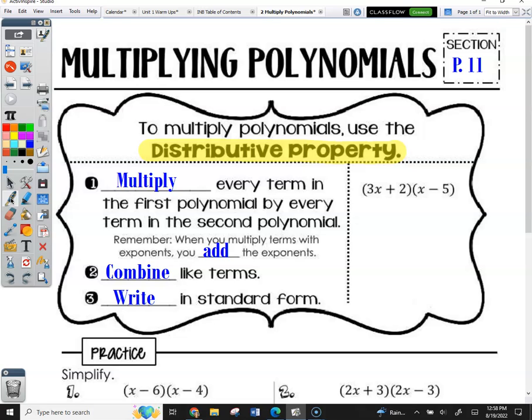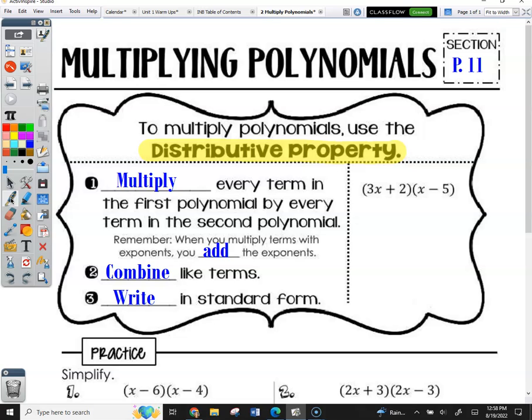However, when you get to higher up math classes, you should graduate from the box method to what's called the distributive property method, which is what I'm going to show you today. If you do not like my method, then go back to the box method. But you're not going to see me use the box method. Y'all with me? All right, here we go.